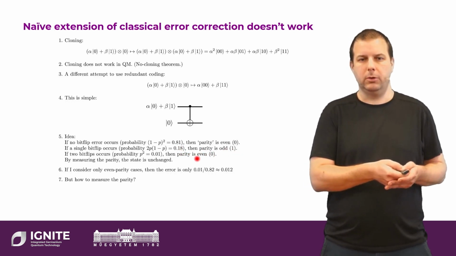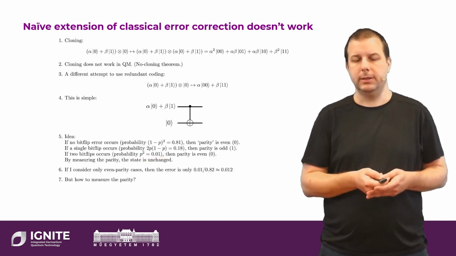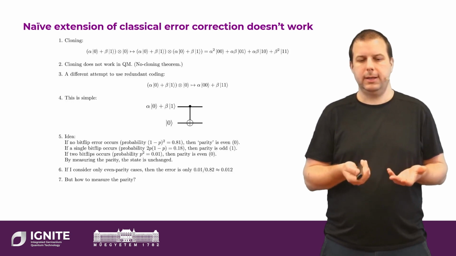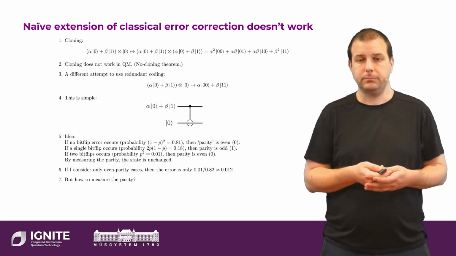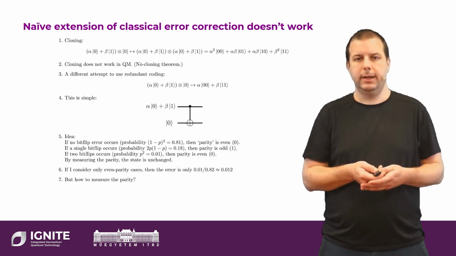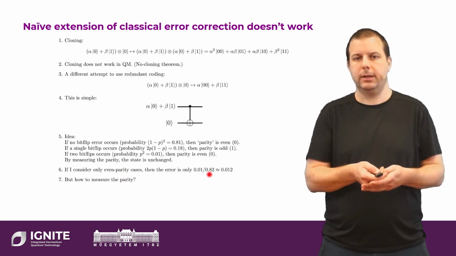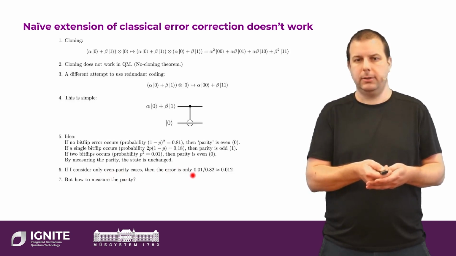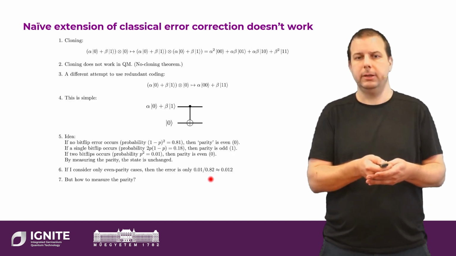And if a 2-bit flip occurs, which has a probability of 1%, then I will again measure the parity as even, or 0. So now if I use this error detection trick to post-select for the even parity cases, then I can calculate the error by taking the actual errors with even parity, which had a probability of 1% when a 2-bit flip happens, and dividing by the probability of an outcome state which has even parity, which is 82%.